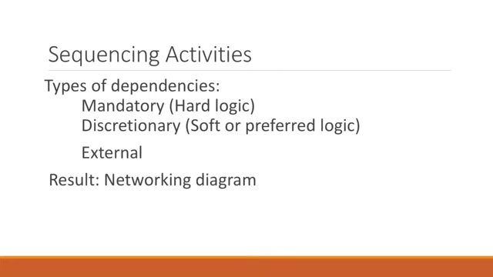When we're thinking about discretionary dependencies, we usually refer to it as soft or preferred logic. The reason it's preferred logic is because it's what a company with good practice would do. So if we say that we want to start the development only once a detailed design has been completed, that's what a good company will do.